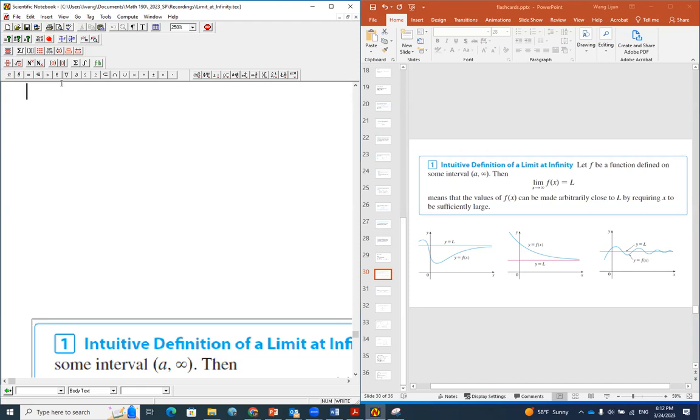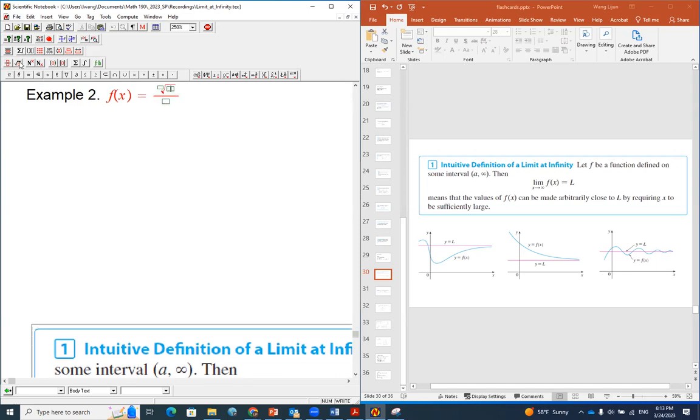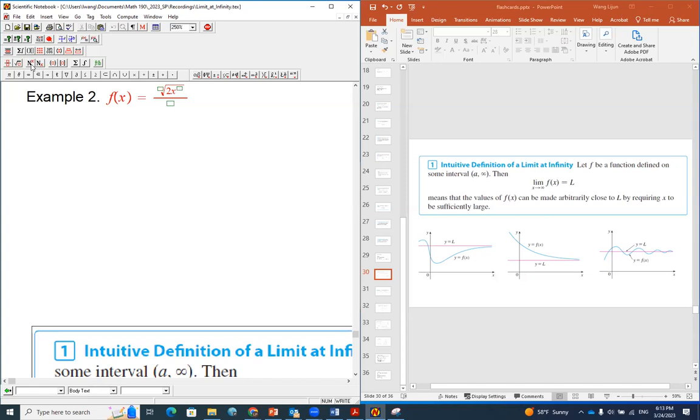We have this function here. So this is example number 2. The function we have is the square root of 2 times x squared plus 1, divided by 3x minus 5.